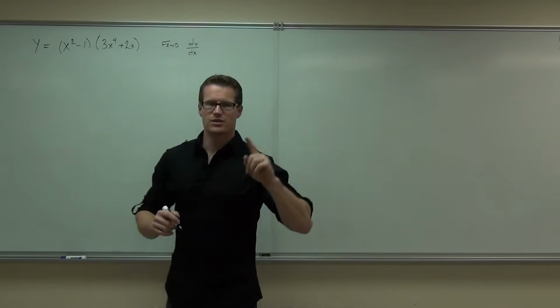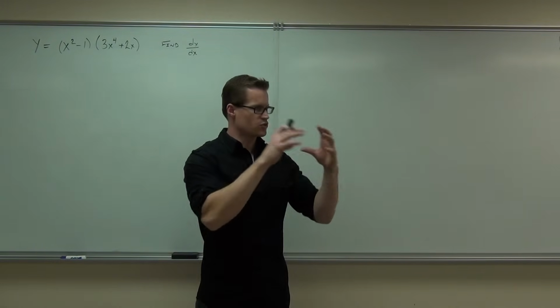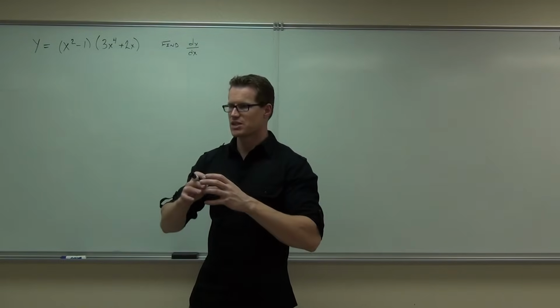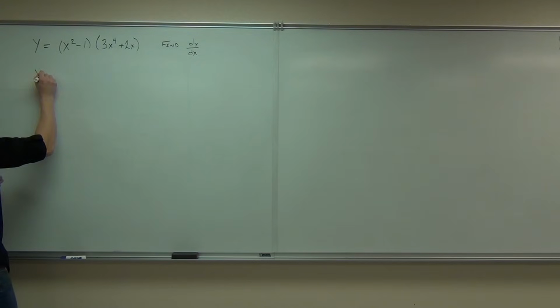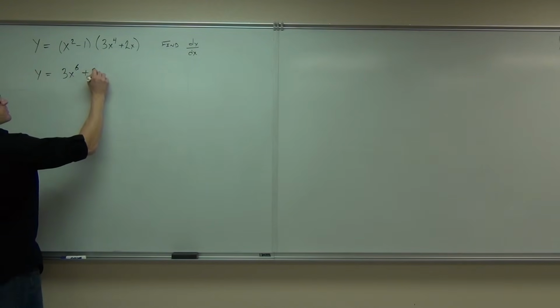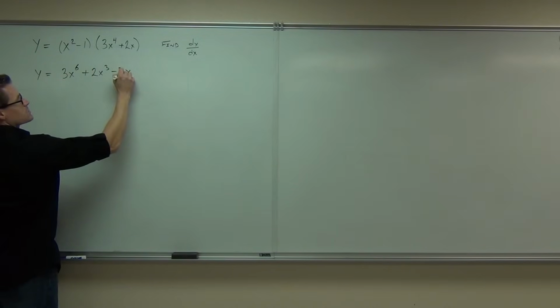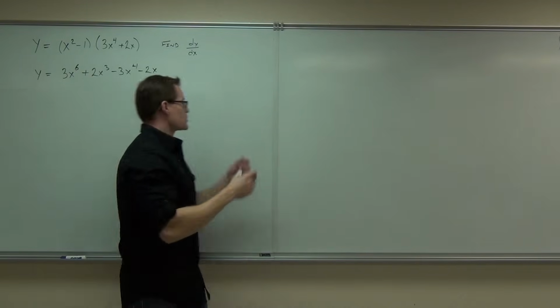So how do we do this 2 ways? Well, way number 1 is, what if we don't even consider it to be a product at the very end? What if we distribute those parentheses and make it so we just have a basic polynomial in this case? Well, if we do that, we'll get 3x to the 6th plus 2x to the 3rd minus 3x to the 4th minus 2x. Are you okay with that so far? Check for any like terms.